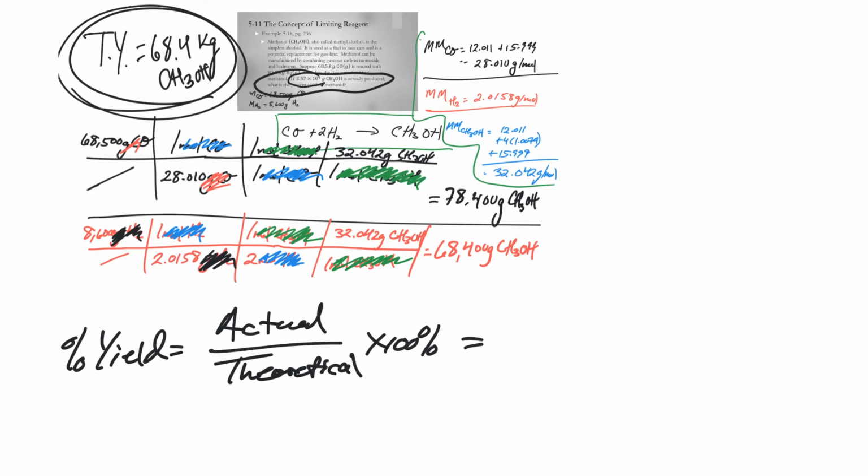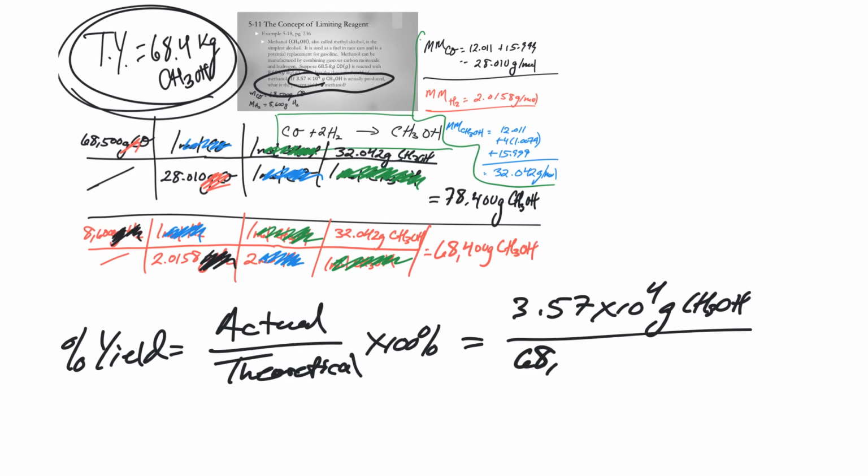So all we need to do is take that 3.57 times 10 to the 4th grams of methanol, 35,700 grams, divided by 68,400 grams of methanol.